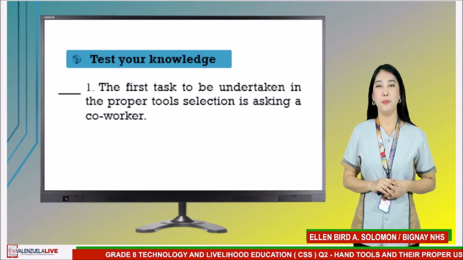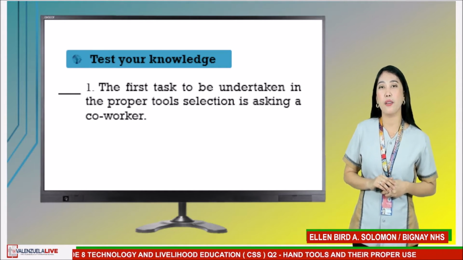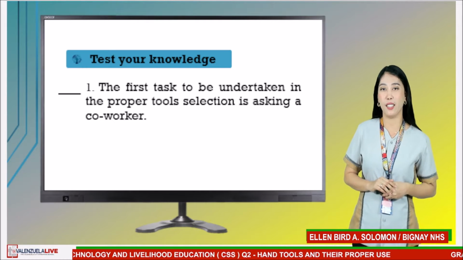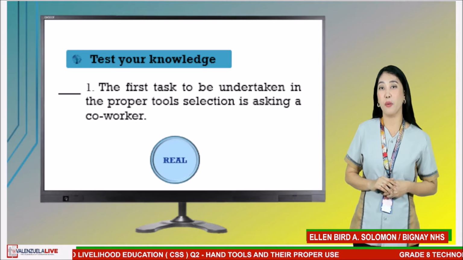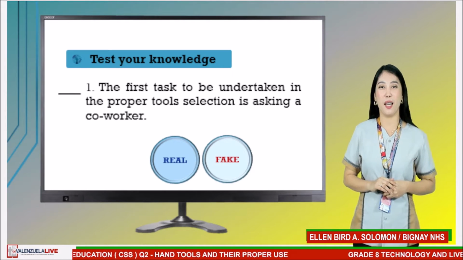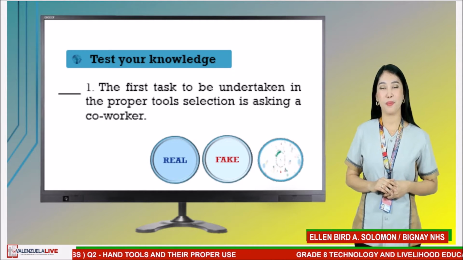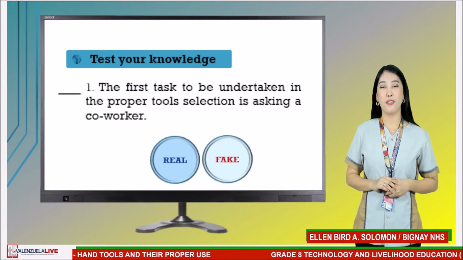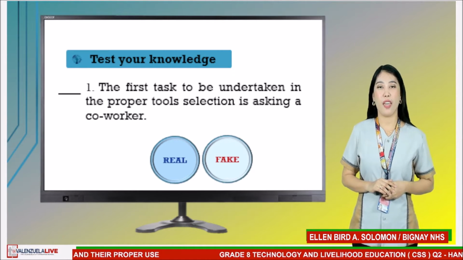Number 1, the first task to be undertaken in the proper tool selection is asking a coworker. Real or fake? Your timer starts now. For number 1, the correct answer is fake.